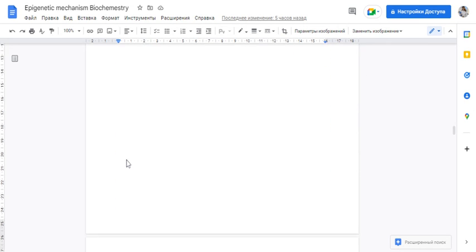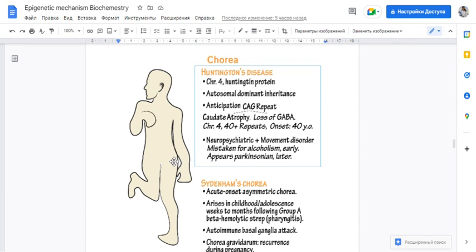In early stages of the disease, you can mistake it for alcoholism because patients have difficulty swallowing, their hands are shaking, and they have a kind of toxic gait. Later in the disease, they can develop Parkinsonism.